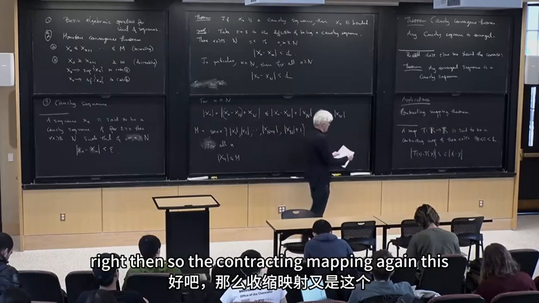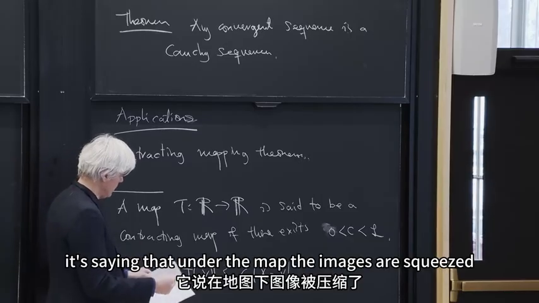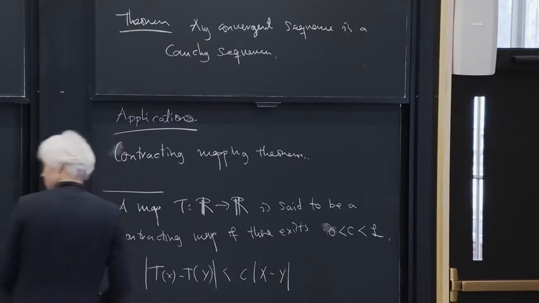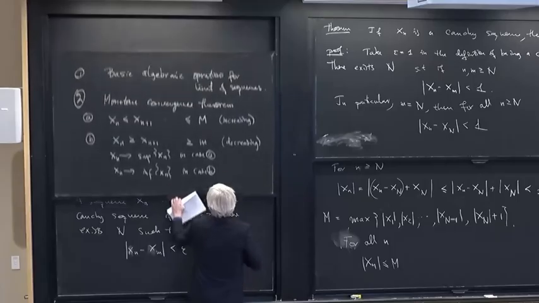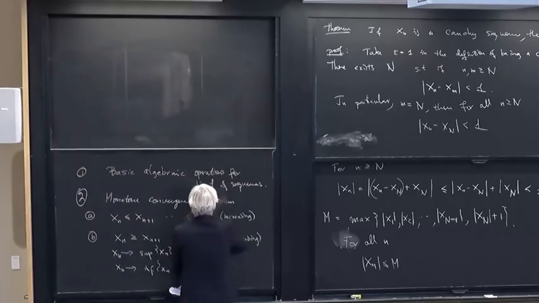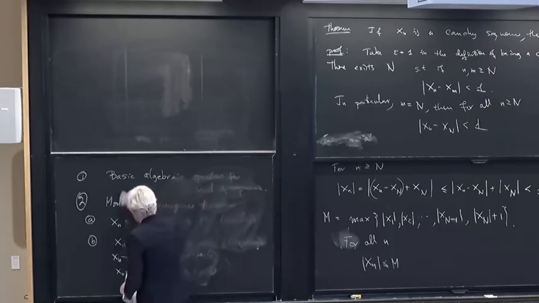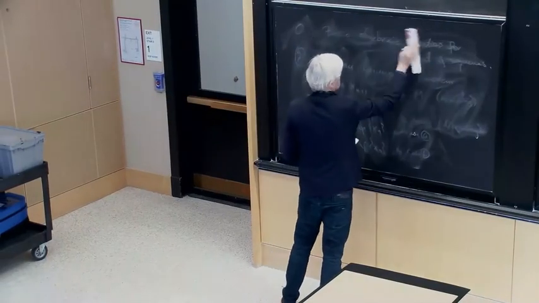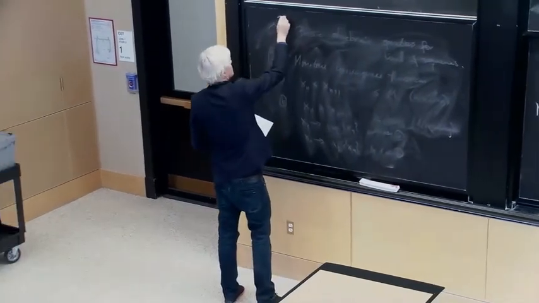Right, and so for the contracting mapping, this inequality is saying that under the map, the images are squeezed more together. So now, that's one concept. The other one we need is fixed point.